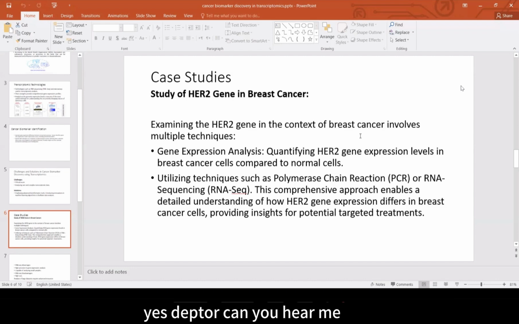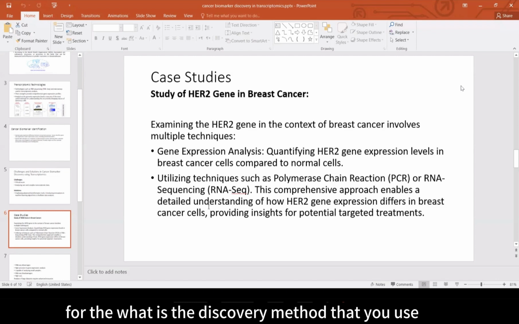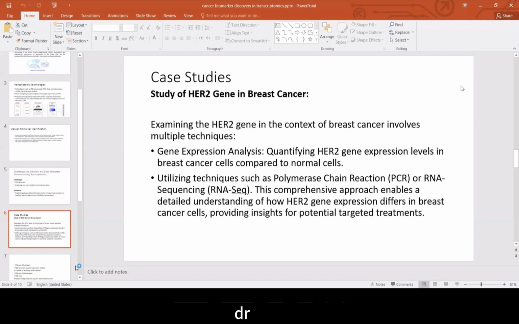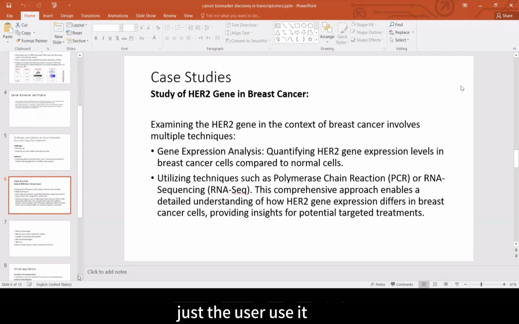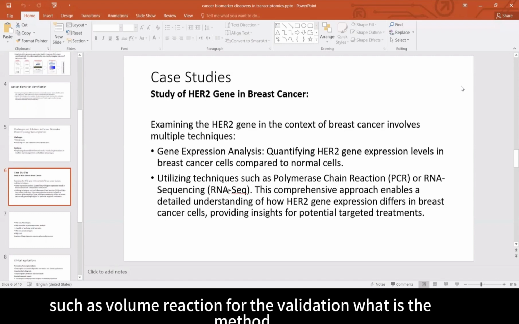Yes, doctor. Can you hear me? Okay, first of all, what is the discovery method that you use? They use RNA sequencing. Okay. For the discovery, automated techniques such as polymerase chain reaction.